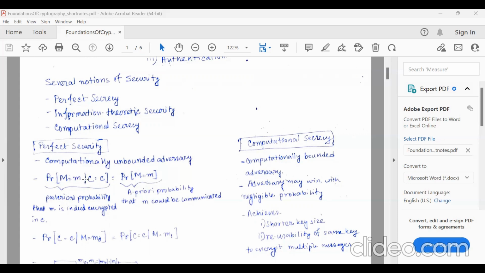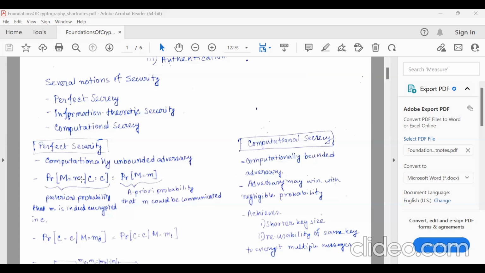That is what we denote by this equation: probability of capital M equal to small m, given that capital C equal to small c. Capital M is a random variable, and capital M equal to small m means that the message being encrypted under the ciphertext small c is actually small m. That is the probability.